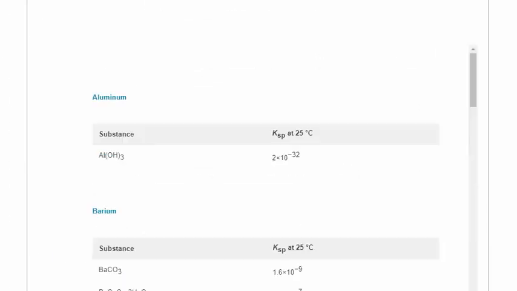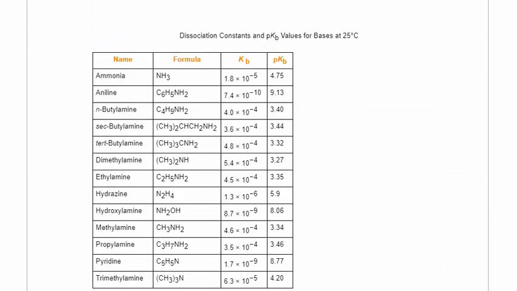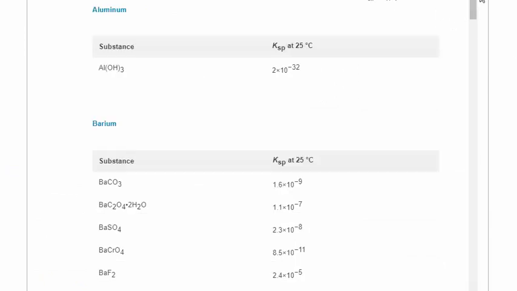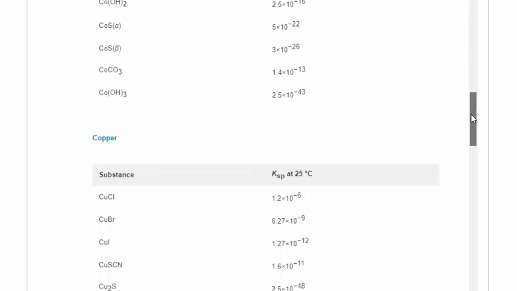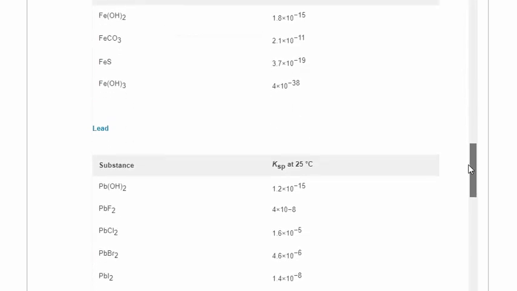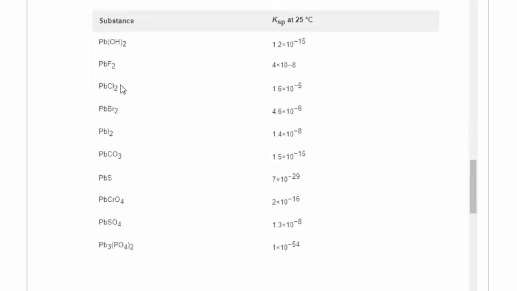So I'm looking for lead bromide. So this is organized by element, so that makes it easier. So here's lead bromide. So my Ksp is 4.6 times 10 to the negative 6. So that's information I'm going to need. I'm going to write that down over here.